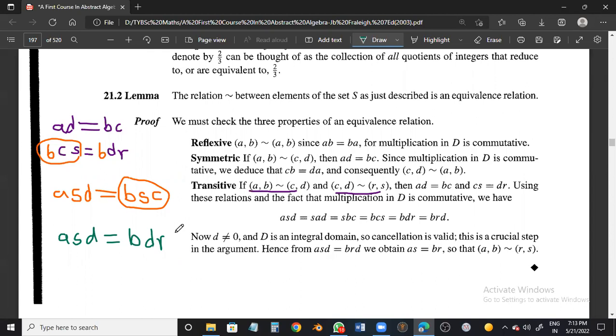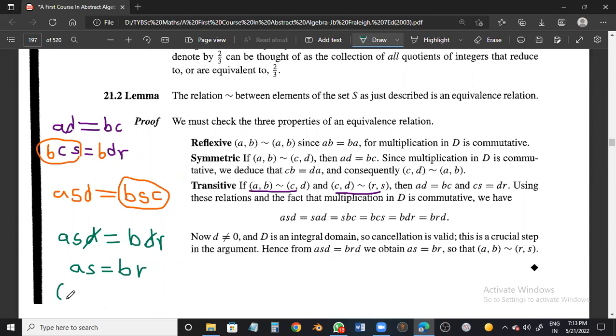In case of an integral domain, you can cancel because an integral domain is without zero divisors, and if there are no zero divisors, then the cancellation law holds. Because the cancellation law holds, I can cancel this D. Actually, it is commutative. So D is cancelled, and what you got is AS is equal to BR, because of commutativity I can do so.